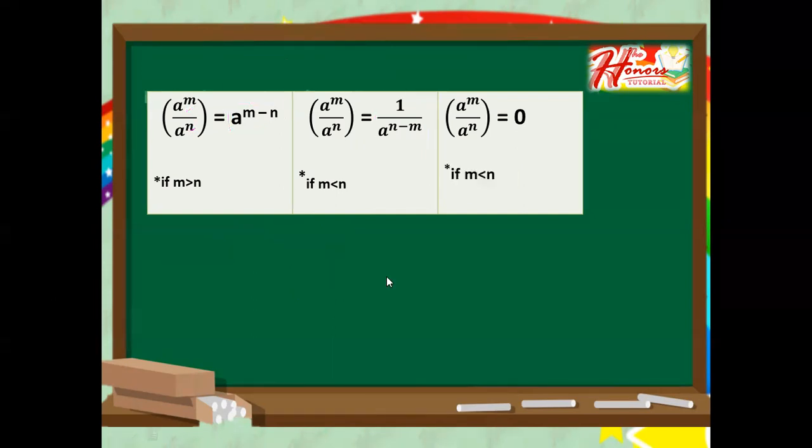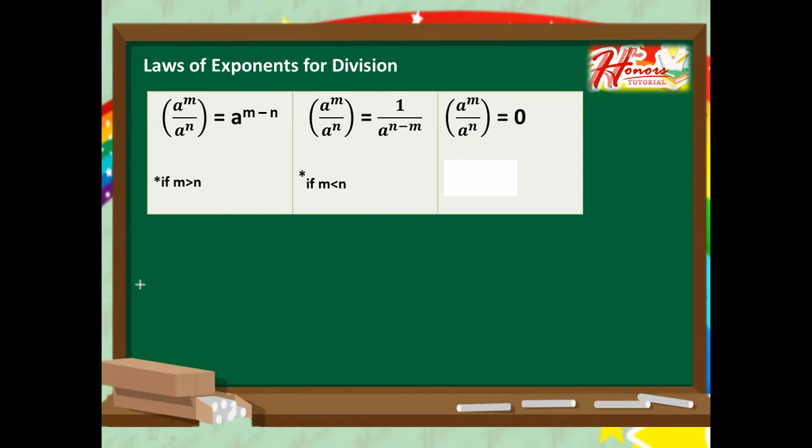Next, let's have number 2. For number 2, let's say that this is the given: h cubed over h raised to 7. So as you can see here, the exponent in our numerator is less than the denominator. So therefore, we have to follow this.